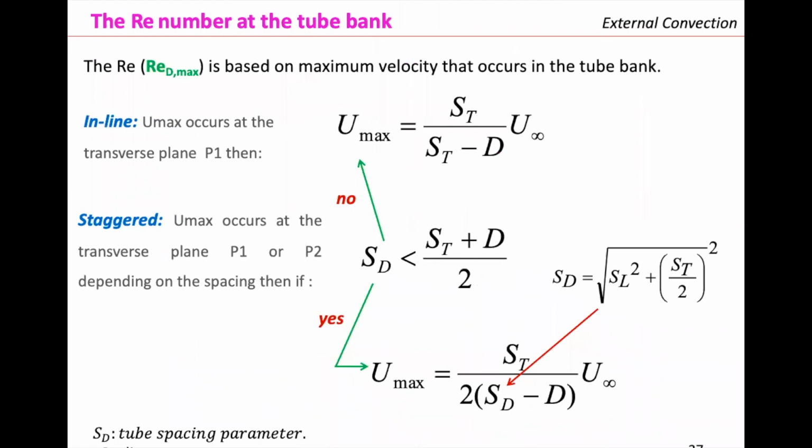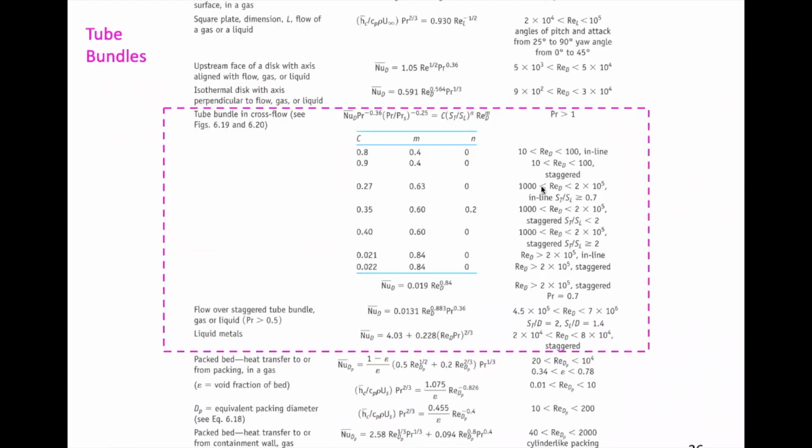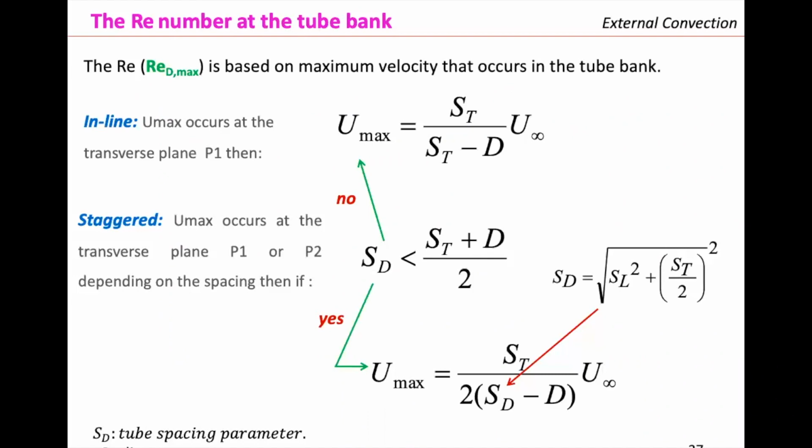Very important that you realize at this point: the Reynolds number you need to use for solving for a bundle or tube bank is based on the maximum velocity that occurs in the tube bank. So before calculating the Reynolds number, you need to determine the maximum velocity in the bank, because you will then use that U max to get the Reynolds max.